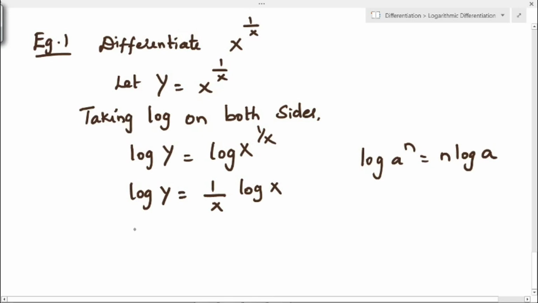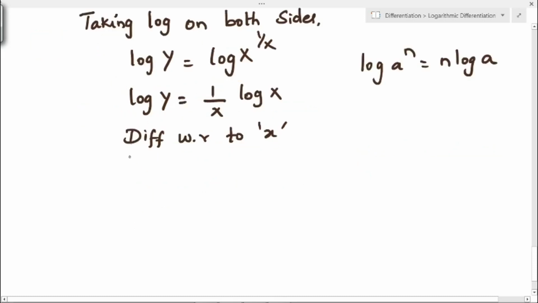Now we have to differentiate this with respect to x. Left hand side differentiation: log y gives 1 by y into dy by dx. And here we have two different terms. First term is 1 by x and second term is log x. So assume first term as u and second term as v: u equal to 1 by x and v equal to log x.